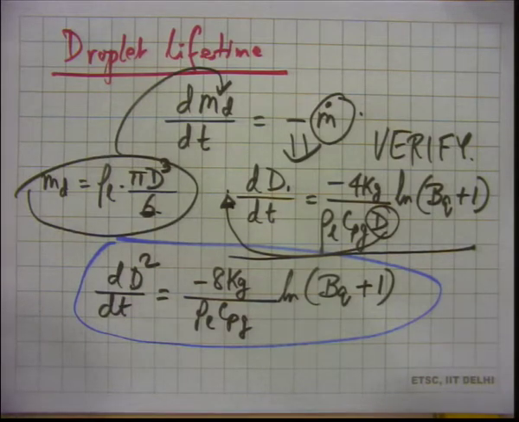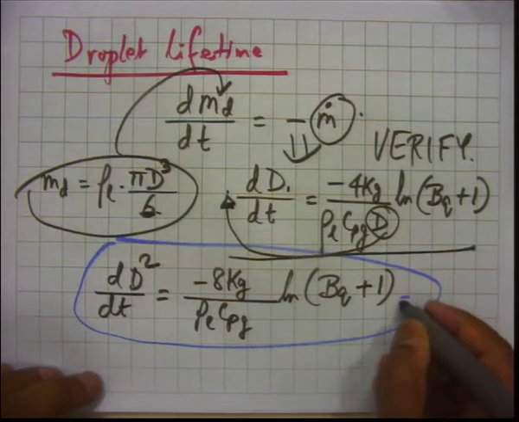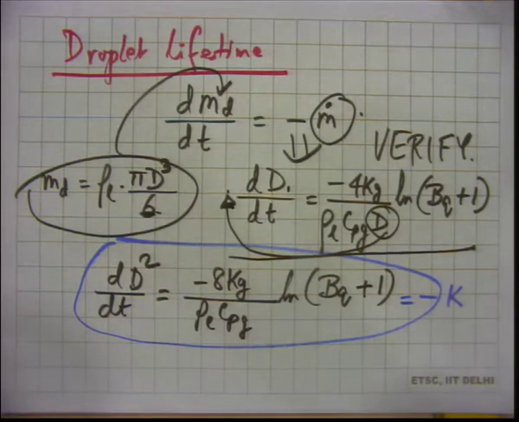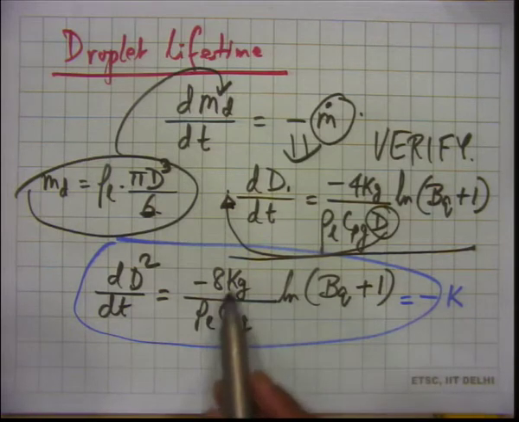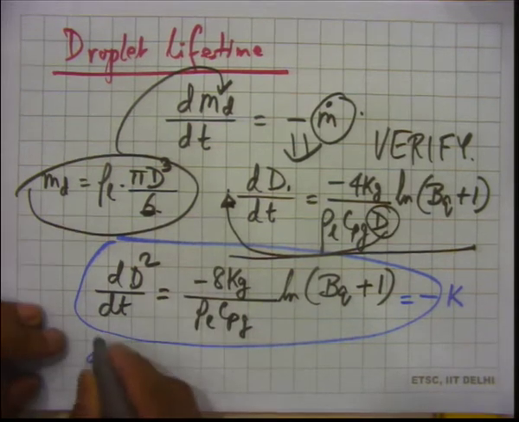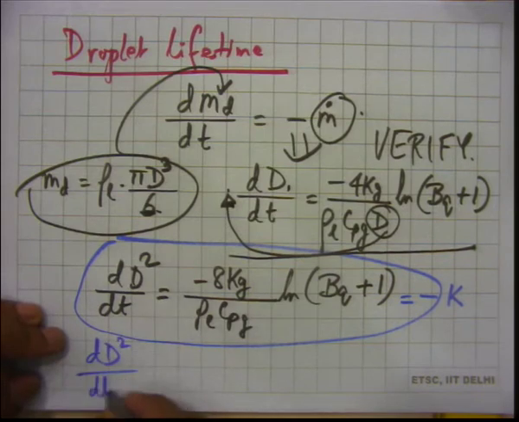And this thing, which you see on the right hand side, can be given a name, minus k, and k is an evaporation constant. So this part without the minus sign is the evaporation constant. That means we are saying that d dt of D squared is equal to minus k.